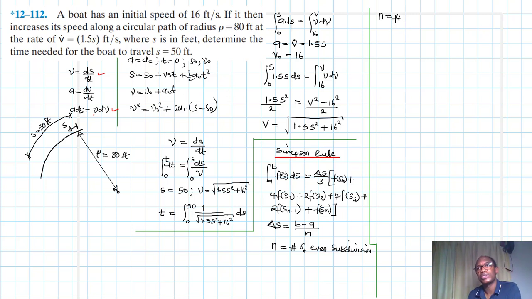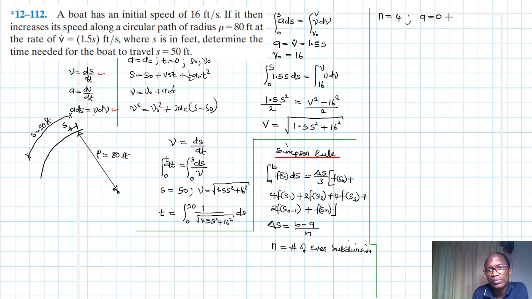The more the subdivisions, the more the solution converges to the actual analytical solution, right? So the more the number of divisions, the higher the accuracy of the solution.